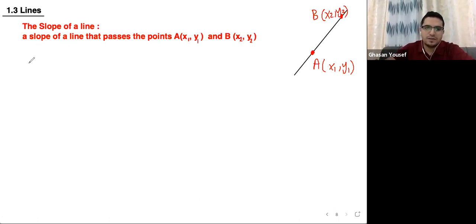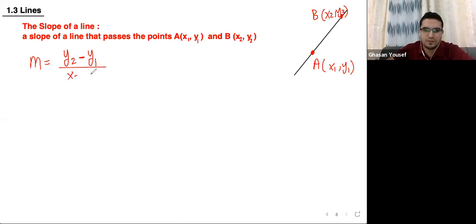Now the slope of this line is m, defined as m equals y2 minus y1 over x2 minus x1.